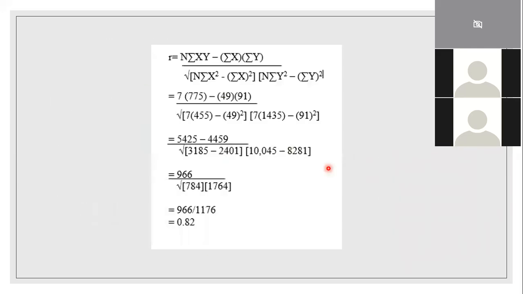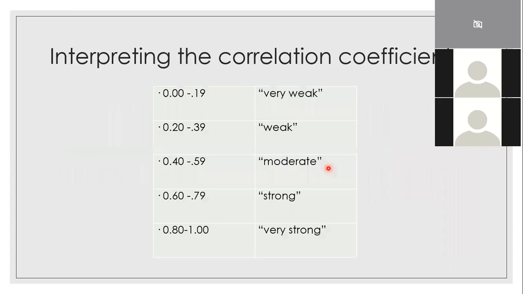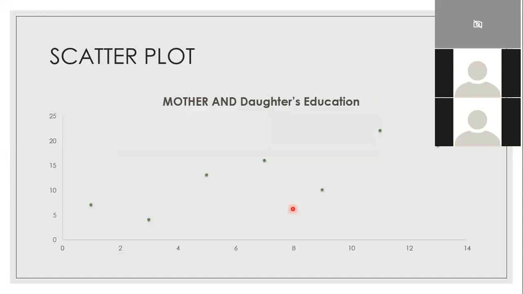And so I want to go back to that slide with the ratings. So 0.64 is strong, but it's barely out of the moderate range. So it is a strong relationship. It's not a very strong relationship.